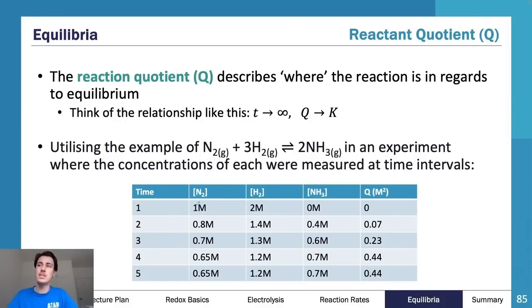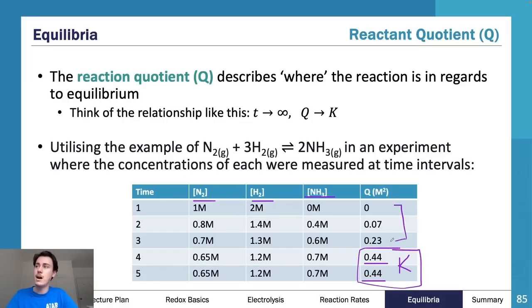Over time, if I started with nitrogen and hydrogen and didn't start with any NH3, and let's just say these are minute intervals, I measure every single time, and if this Q value is the same over two intervals, this is now a K value. So these here are now K values.